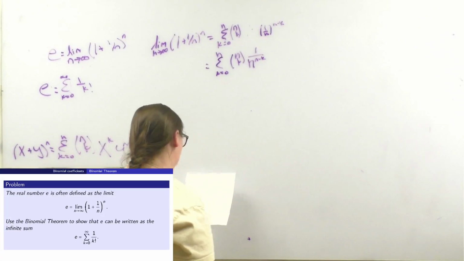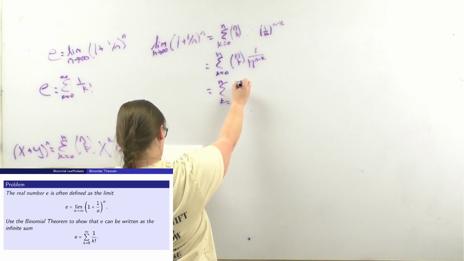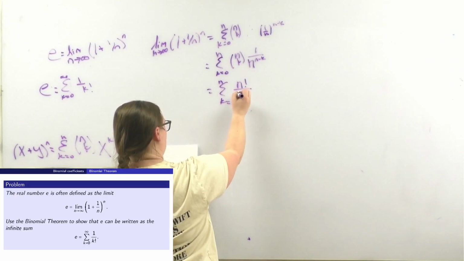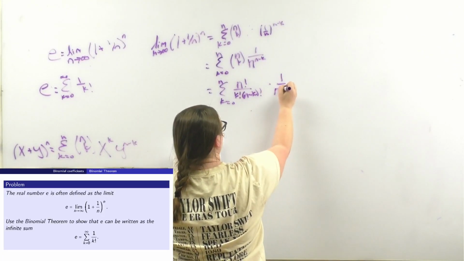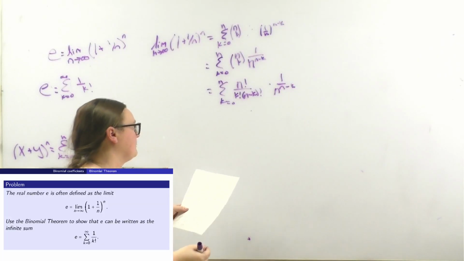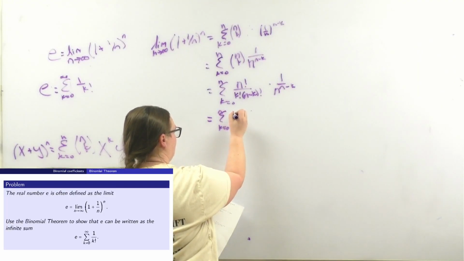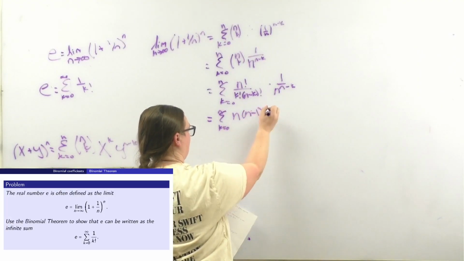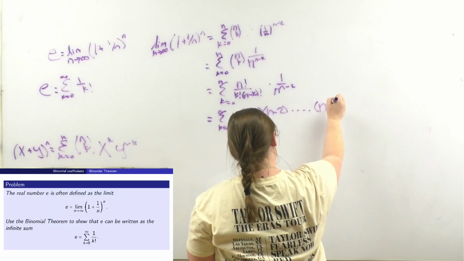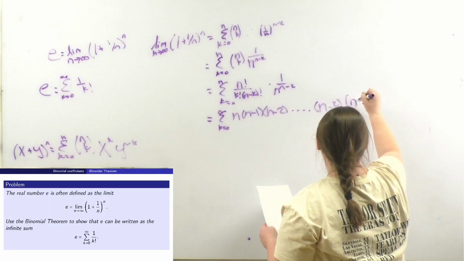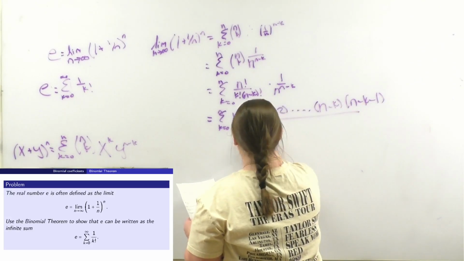Okay, so then this is cool, and we get n choose k, because we got that guy, and it's k, n minus k, and that's equal to 1 over n to the n minus k, okay? And then we're just going to do a little bit of expansion here. This is n times n minus 1 times n minus 2, down to n minus k plus 1, and that's all over k factorial, which is good.